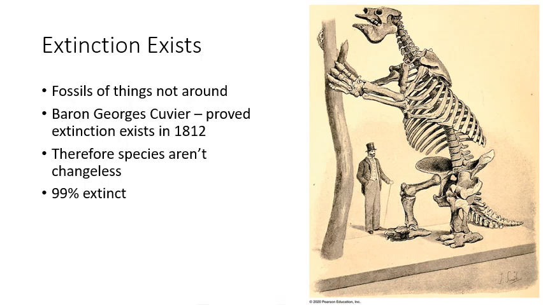You're not going to have gigantic, monstrous creatures that we just haven't seen at all, but we see their bones. So that means that those creatures are actually extinct. And that means other things can go extinct too. Now, actually, scientists estimate that 99% of all species that have ever lived have gone extinct.